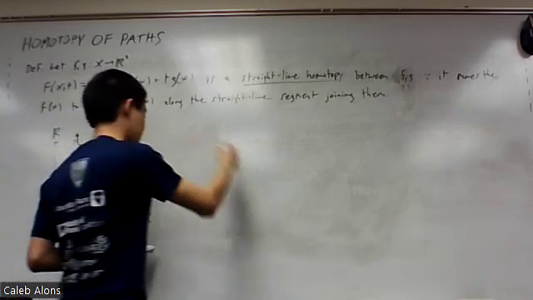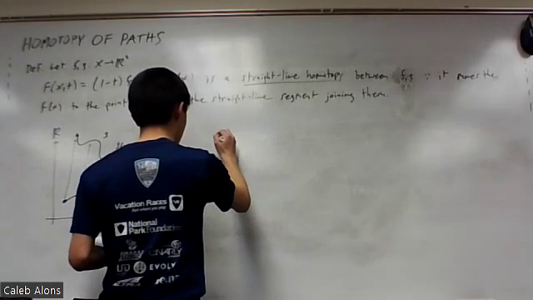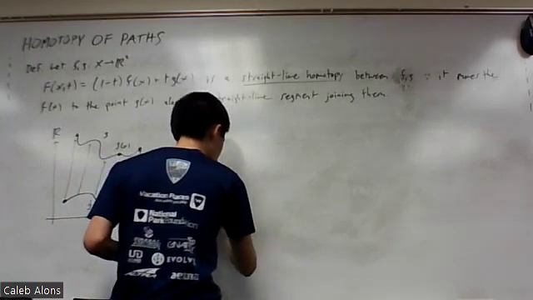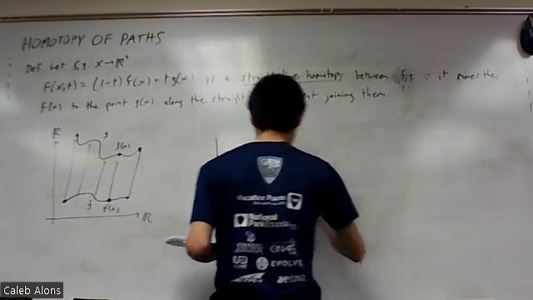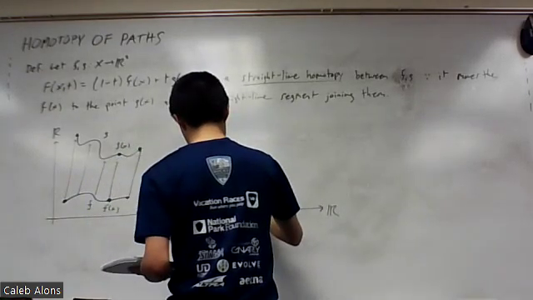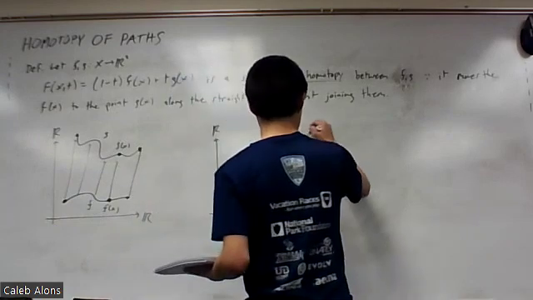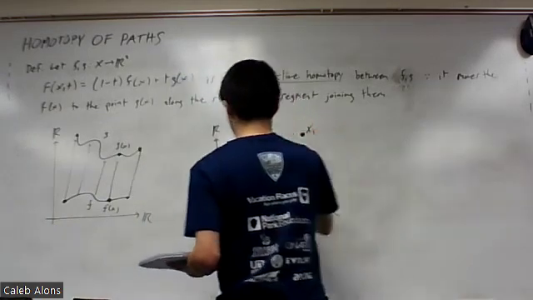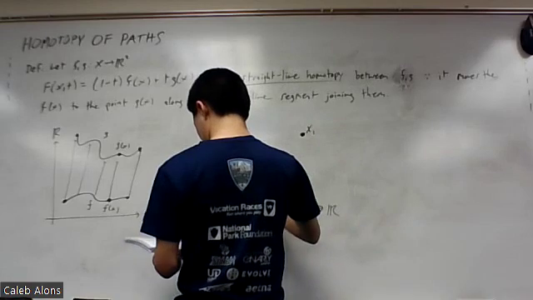And then if we do actually have path homotopy, it'll look similar to what we've been doing: I start by anchoring down where I want to begin and where I want to end.